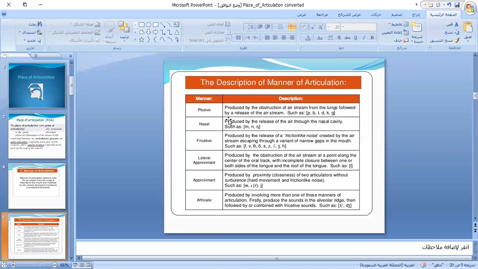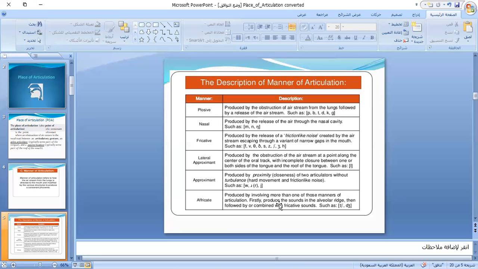Okay. Affricates are produced by a combination of two sounds, involving more than one of those manners of articulation.